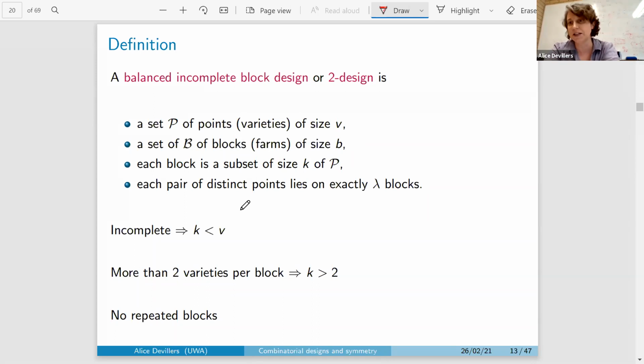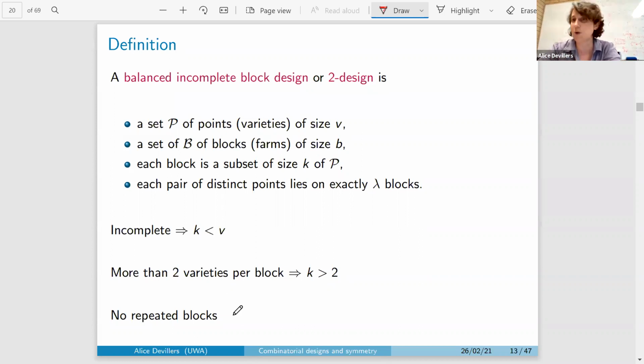Incomplete means that k is less than v. We want fewer than all the varieties per block. Usually we also ask that k is more than 2. And here, it makes things easier when you want to study these things to not allow repeated blocks. But in practice, if this is a real design of an experiment, then you could have repeated blocks.